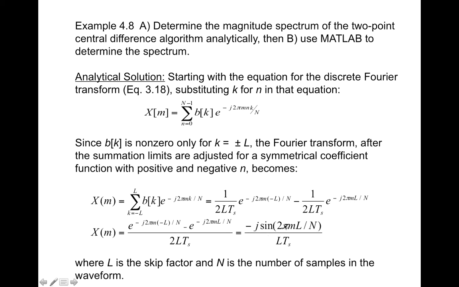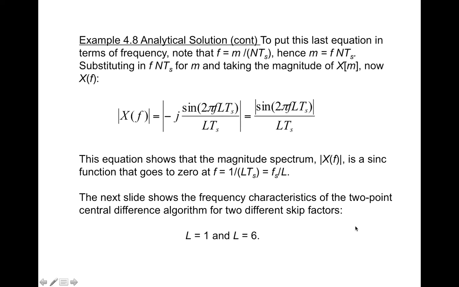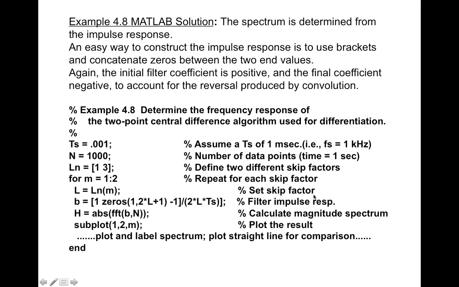Oh, I'm sorry, not the sinc function, but just the sine function divided by a constant. So the analytical solution will end up just being the absolute value of a sinusoidal function whose period is a function of the skip factor. And so we can program that into MATLAB as well.